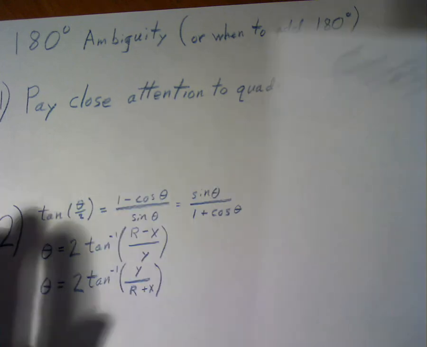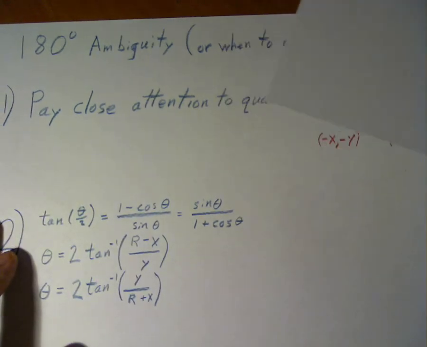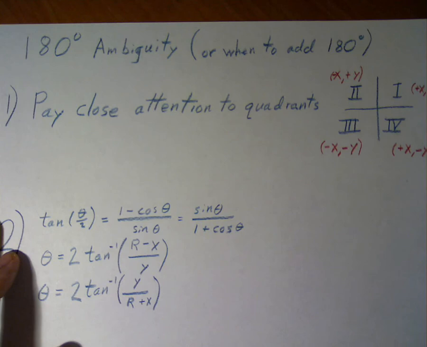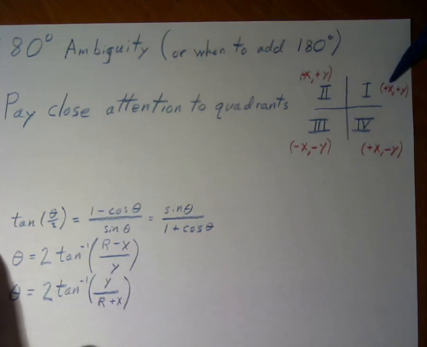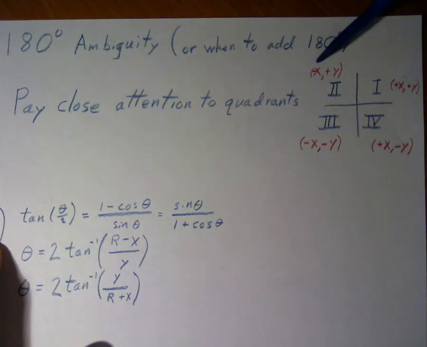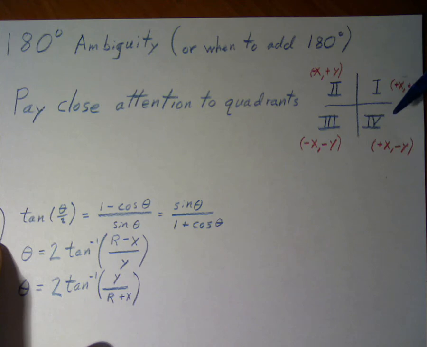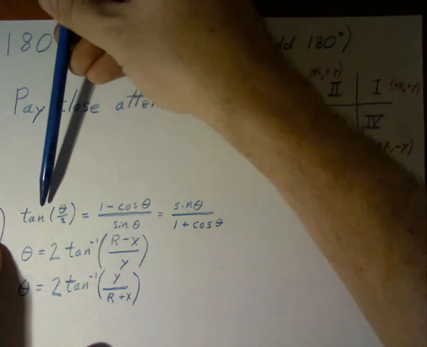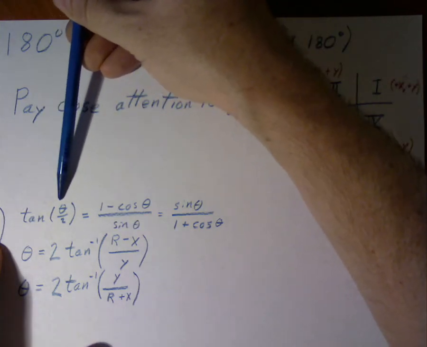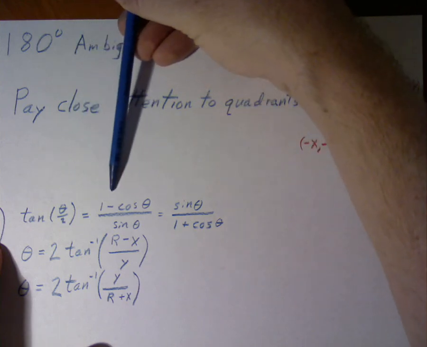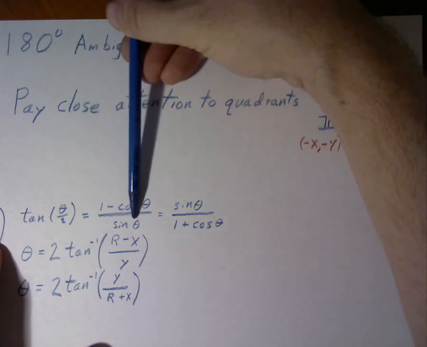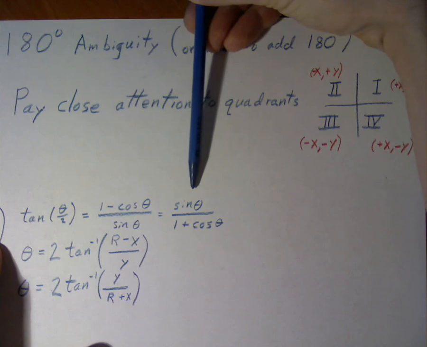There is a second method we can use. If we don't want to pay attention to whether x and y are positive or negative, we can also use the formula that tangent theta over 2 equals 1 minus cosine theta over sine theta, or its sister formula, sine theta over 1 plus cosine theta.